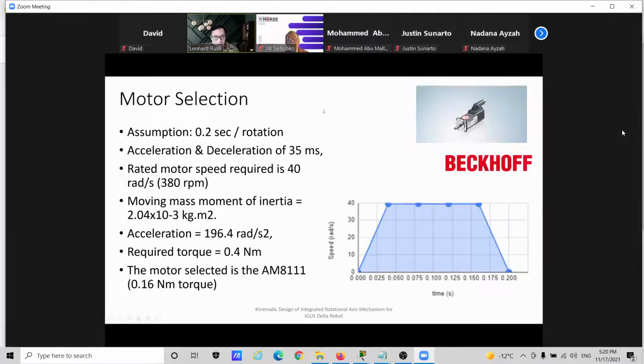As for the motor selection, we made some assumptions in order to size the motor. We assume we will need a cycle time of 0.2 seconds for one rotation, rotating the end effector, with an acceleration and deceleration of 35 milliseconds. So there is a ramp up and there is a ramp down.